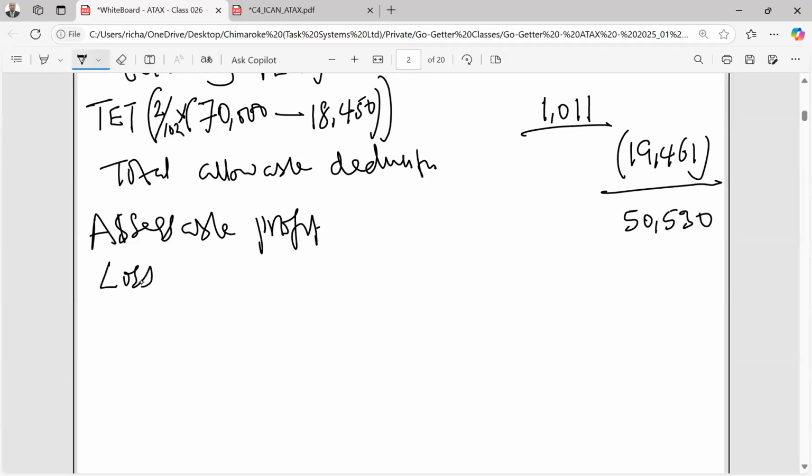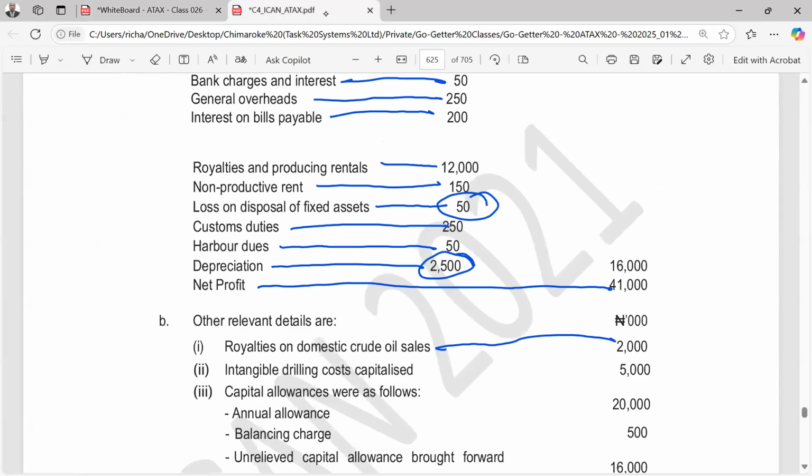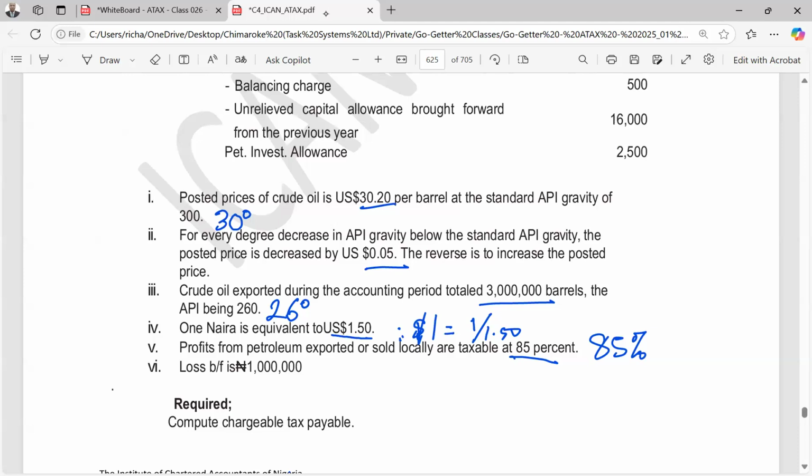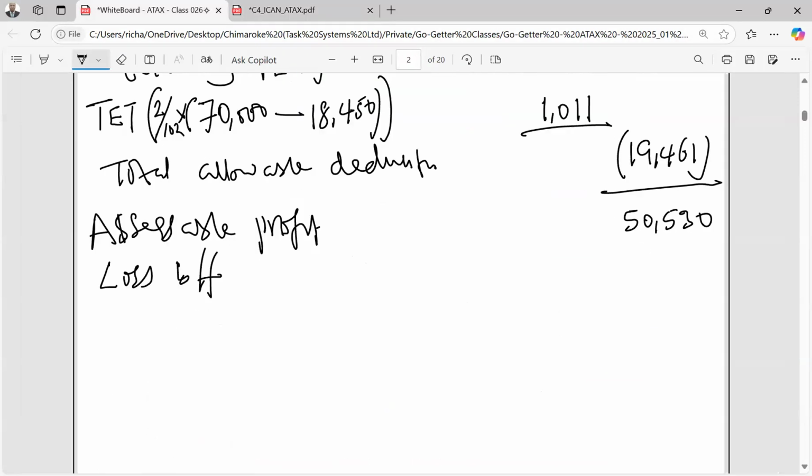Loss brought forward. What is the loss brought forward? We have a loss brought forward here of 1 million.